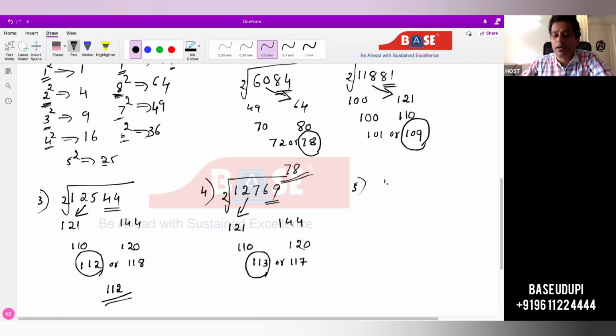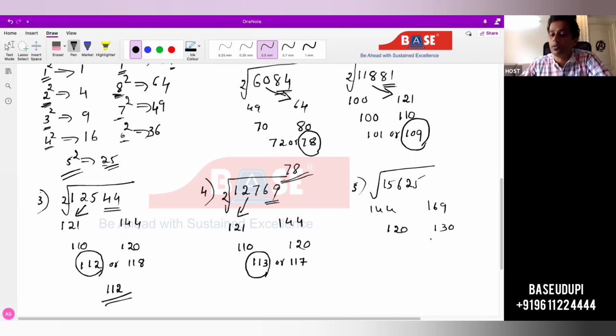If I take a number that ends with, say, 5, the left-out part 156 is between 144 and 169, between 12 square and 13 square, so 120 and 130. But any number that ends with 5, the answer also ends with 5 only. Between 120 and 130, the only number which ends with 5 is 125.